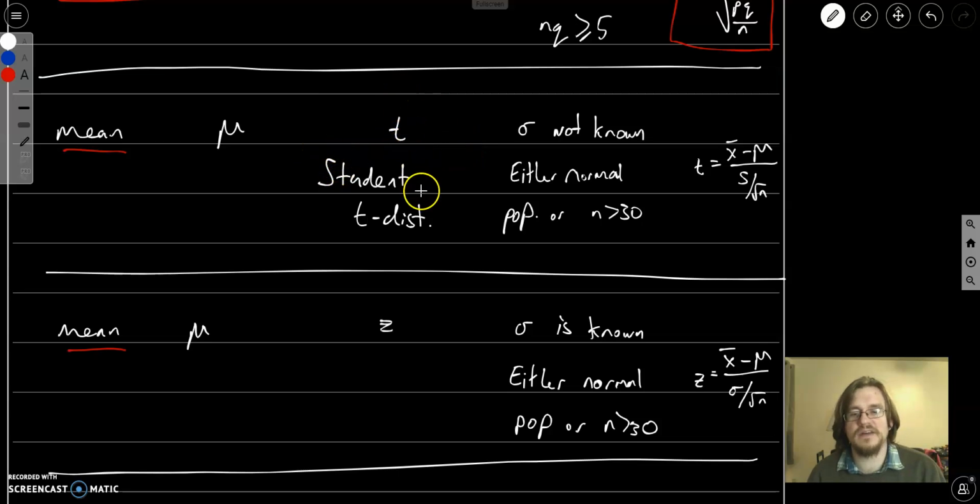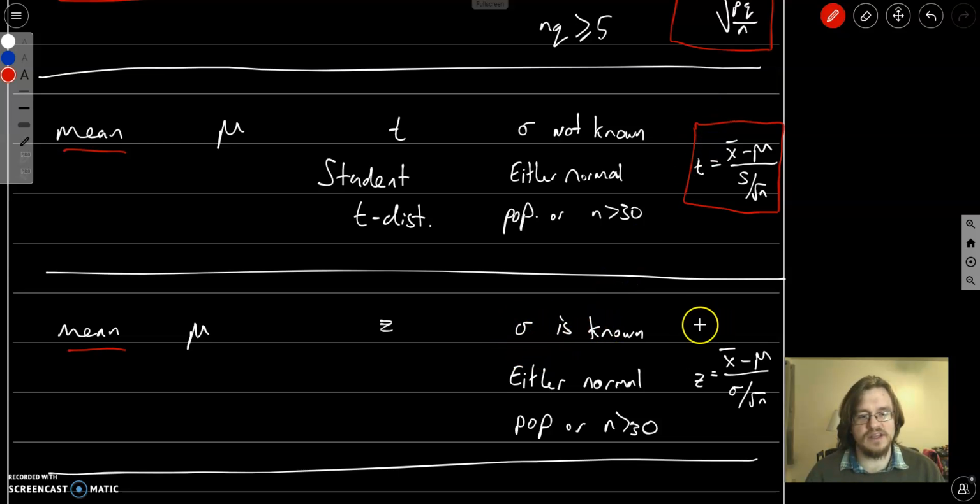It's slightly off, so we have to use the t statistic. Whereas if we know what the population standard deviation is, we can use the normal distribution, and everything will be normally distributed. Now, both of these also require that our population be normally distributed, or we have a sample of at least 30.